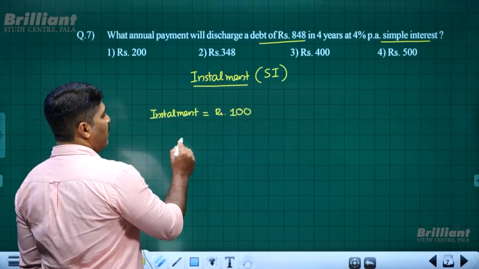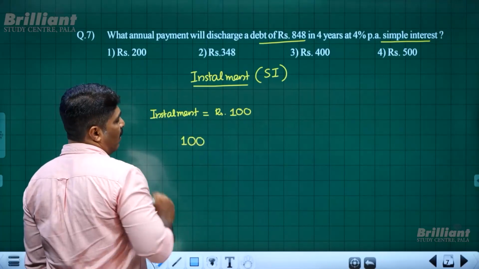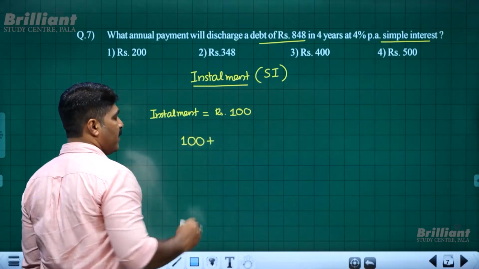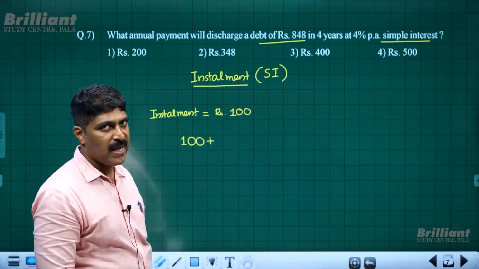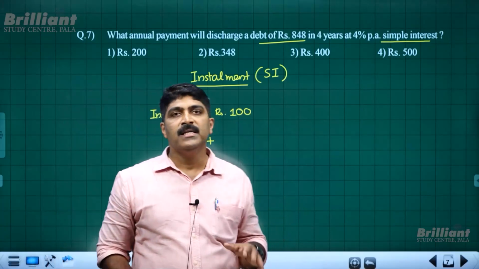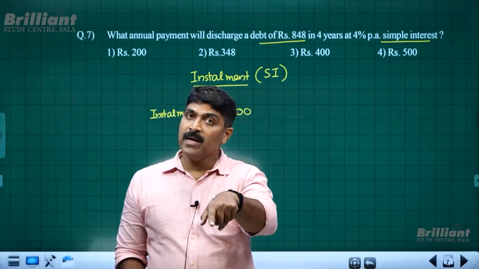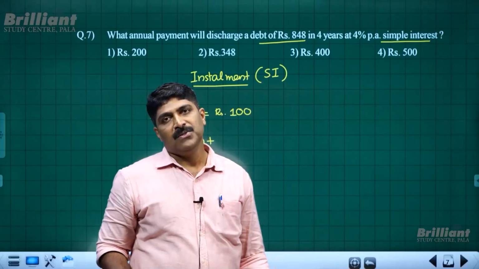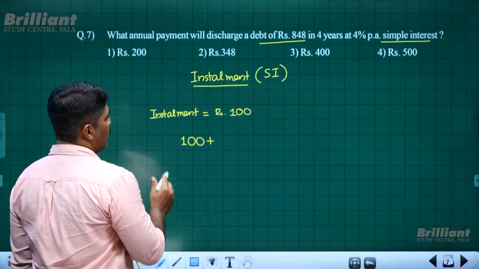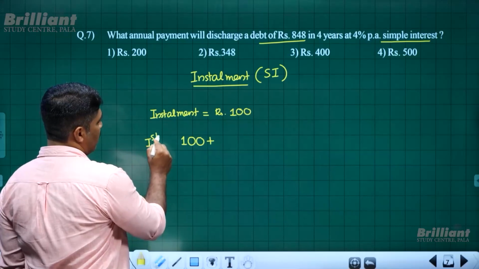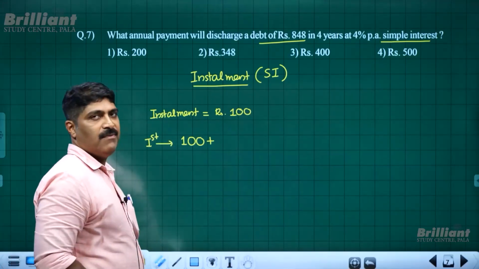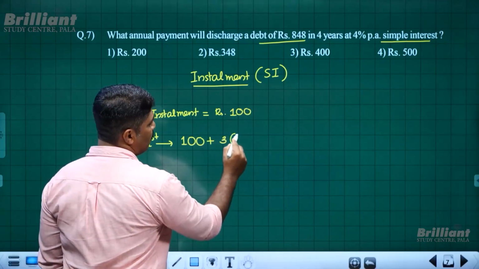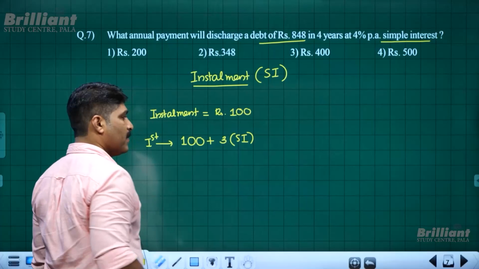When we pay the first installment, what will happen? This first installment you paid in the first year itself. Then for the remaining 3 years, simple interest on that particular amount will be removed from the total debt. Why?